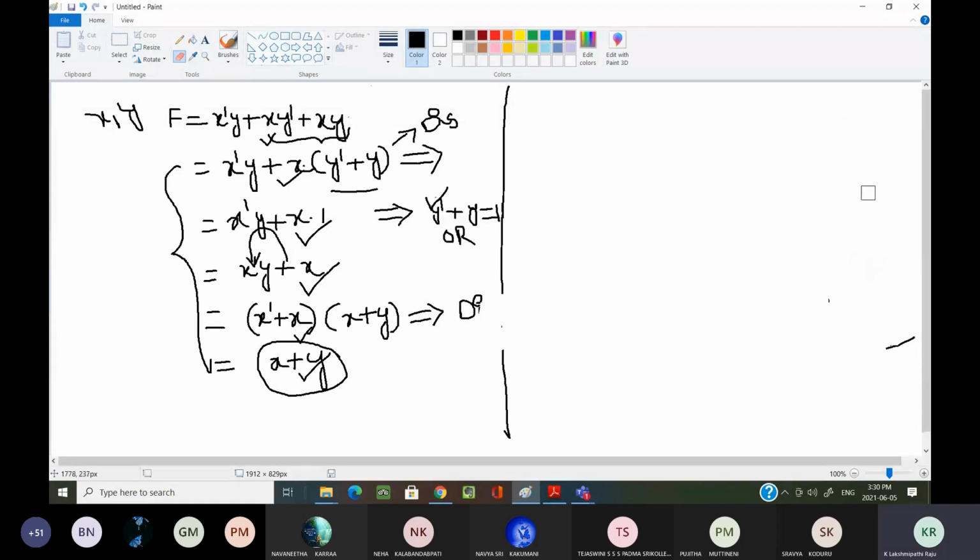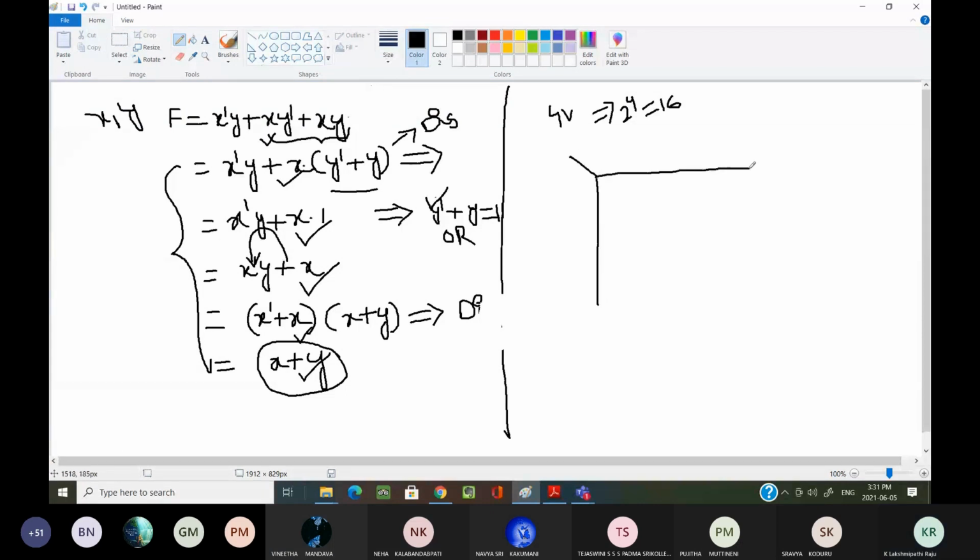Now, the 4 variable K-map. If your function contains 4 variables, how many cells does the K-map have? 16 cells. If it is a 16 cell K-map, how to draw it?